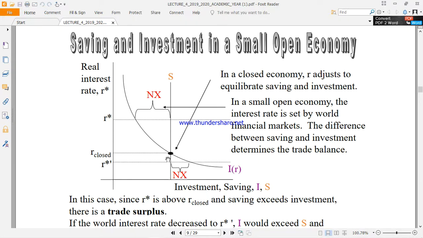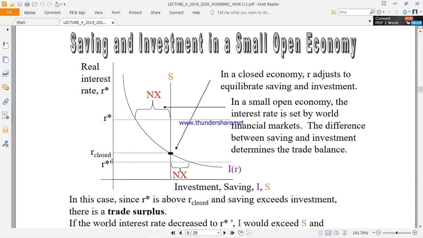So what we're saying is that, let's assume that our domestic rate of interest is here. And at that very time, the world rate of interest is less than our interest rate. Then what we expect is that, how can I explain this? Let's say we're talking about the Bank of Zambia and the World Bank.